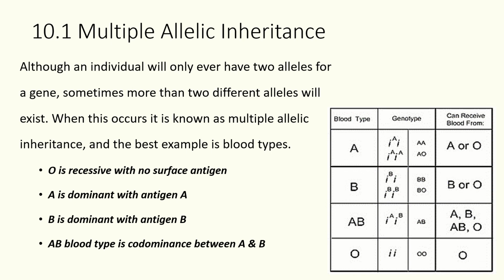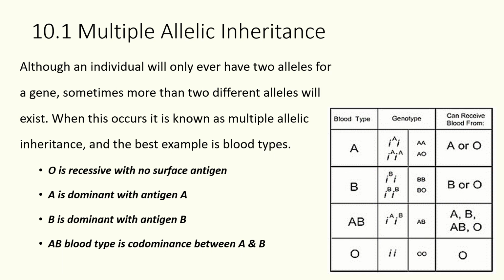So A and B here are both codominant, whereas O is the only recessive one. So in order to have O-type blood, you must have 2 of the recessive O-type allele. And this is a great example of dominant not being more common. We have 3 potential dominant phenotypes here, yet O-type blood is significantly more common, at least in Australia. So that's multiple alleles, and we will work through some examples of that in class.